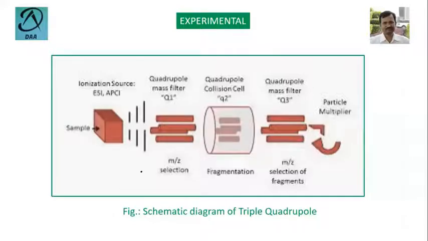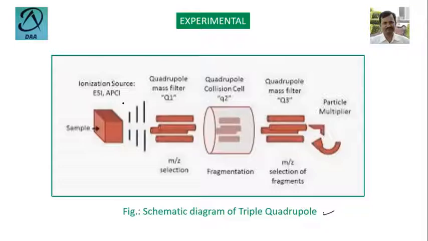Now we'll see the schematic diagram of the triple quadrupole. So here you can see the introduction of the sample in this system. Because the triple quadrupole is the detection system for mass. So here one ionization source will be there, because if the sample is ionized, then only it will be detected by the mass spectrometer.